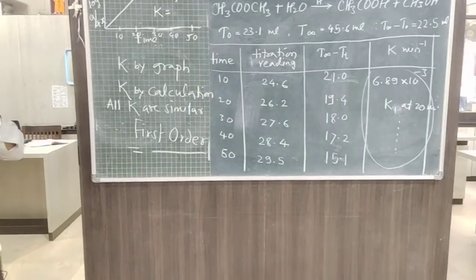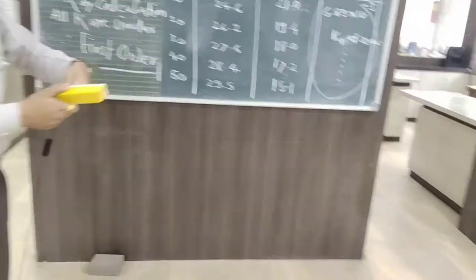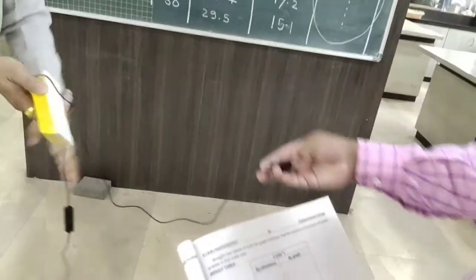Okay, now I will hand over the mic to Dr. Indulkar sir to give some comments on this particular practical. Okay, so thank you, sir. Now see here, similarly you will get the K by calculation and K by graph.